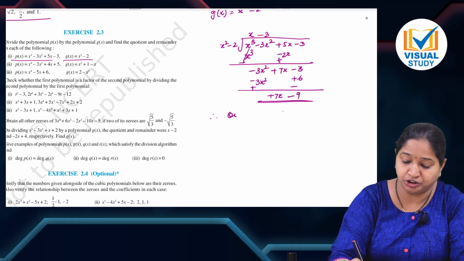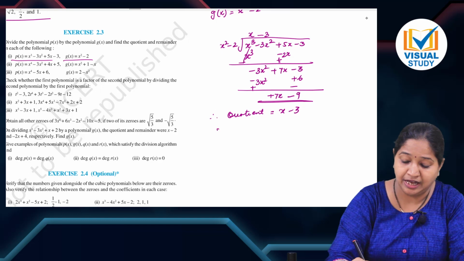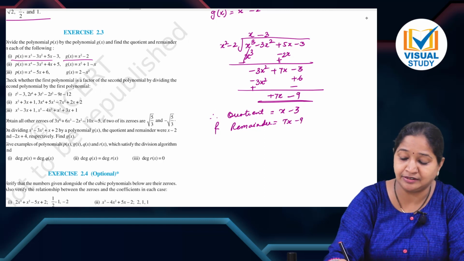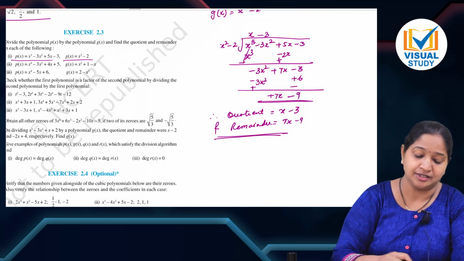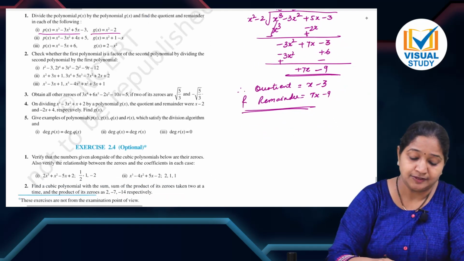Therefore, quotient is equal to x minus 3 and remainder is 7x minus 9. Similar way you can do the second and third also.